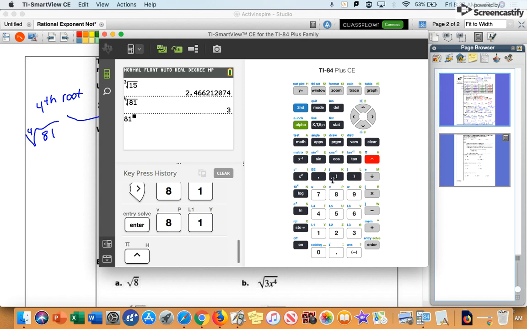And then, I usually like to use parentheses, although I think in this case we could do 1/4 by just taking 1 divided by 4 and we'll keep it all as an exponent. So again, I just did 1 divided by 4 to create that fraction 1/4 up there. And so notice that that is the same answer as our previous one here. So the 4th root is the same thing as 81 to the power of 1/4.